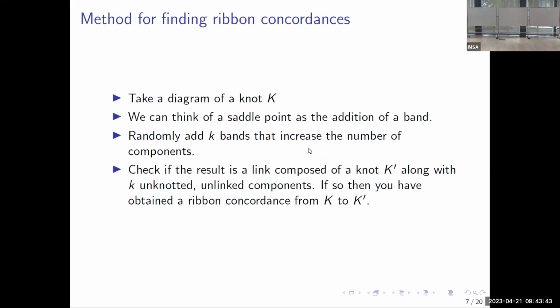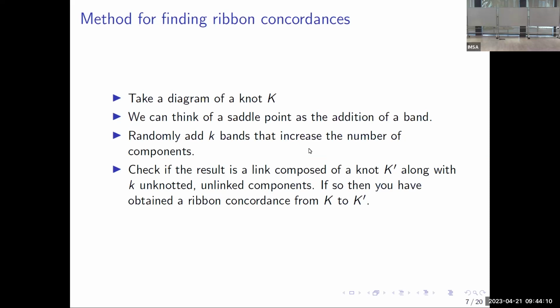And then what you want to do is check if the result is a link that can be decomposed as a knot along with k unknotted, unlinked components, right? Because basically we're saying you add k bands to create k extra components, and if you actually have a ribbon concordance, then you should be able to cap off your extra components.